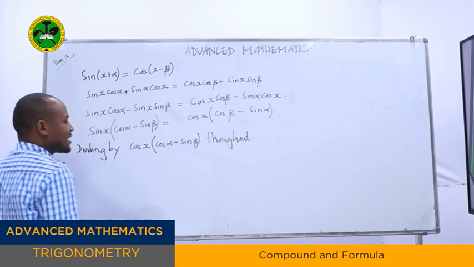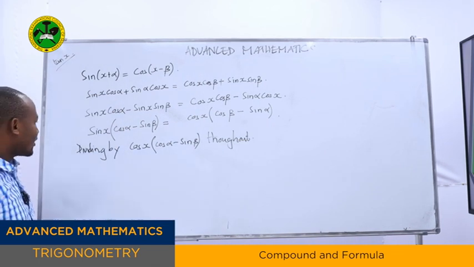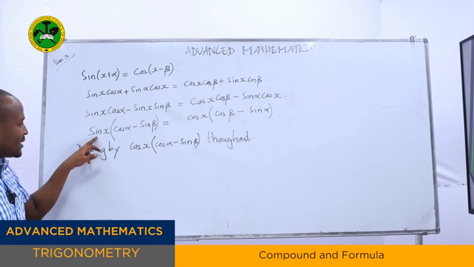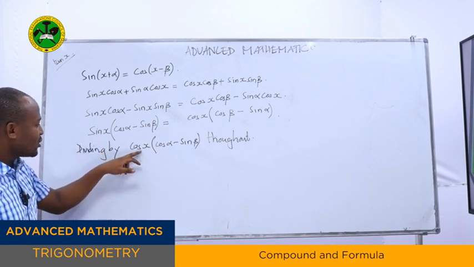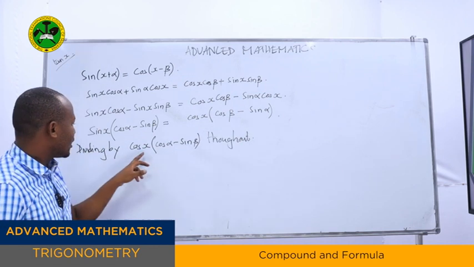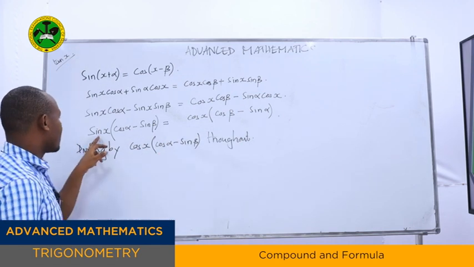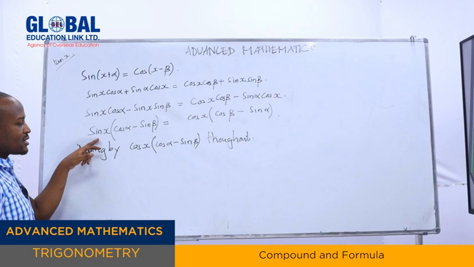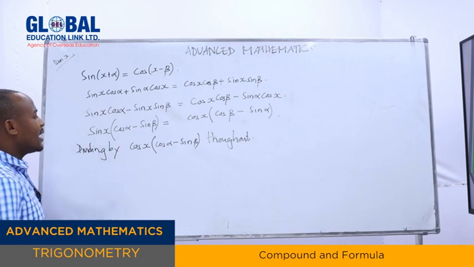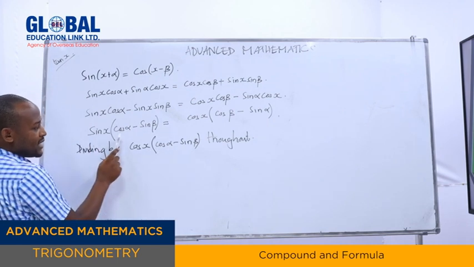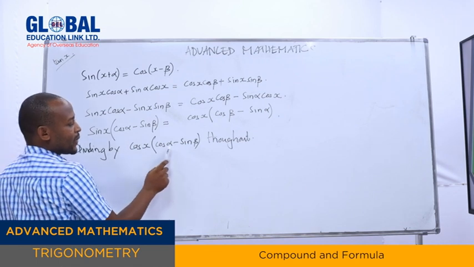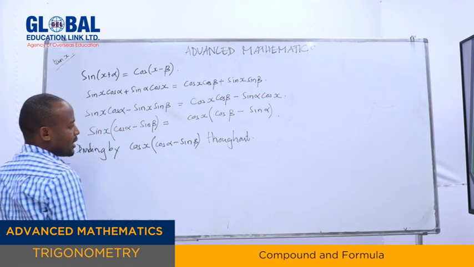And why have I decided to do that? Because I want to have a tan on that side. If I divide by cos on that side, the cos will go, and on this side it will be sine over cos. That means I'll be left with a tan. And if I divide with that factor on this side, this will go and that factor will divide the other side.